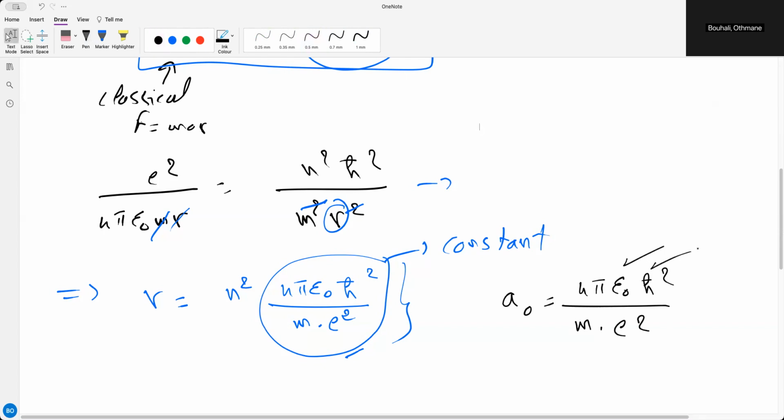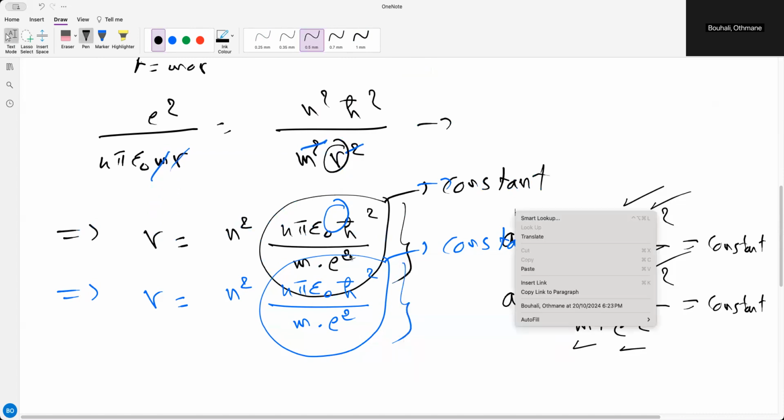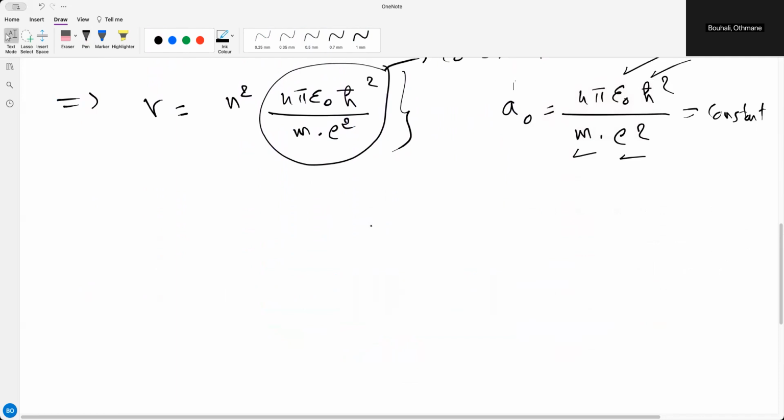This is Planck's constant divided by 2 pi, it's a constant. This is the mass of the electron, which is constant. This is the charge of the electron, it is constant. So this quantity is constant. So what does this mean? This means that the radius is equal to n squared times A0.